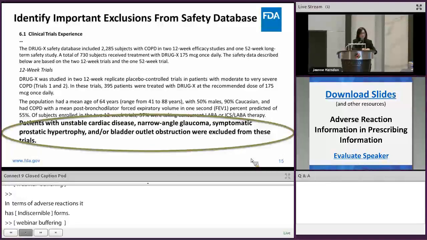So here, patients with unstable cardiac disease, narrow angle glaucoma, symptomatic prostatic hypertrophy, and bladder outlet obstruction were excluded from these trials. And that's to help the provider know that when you look at the adverse reactions in Section 6, it may not be representative of what you would expect if you were to prescribe this drug for a patient that has any of these conditions, because they just weren't studied in the trial.